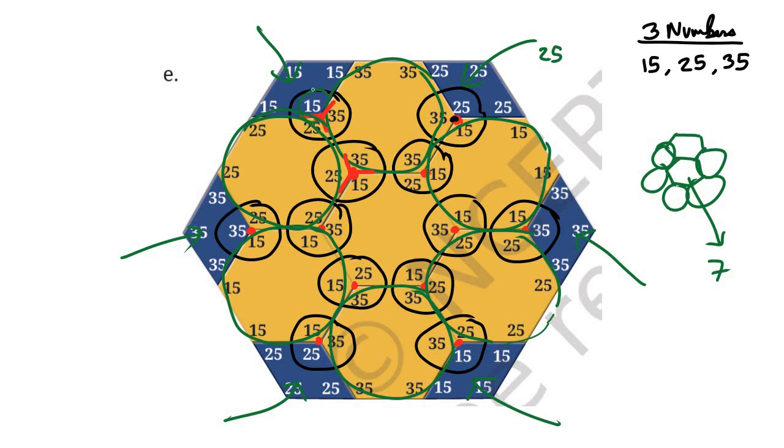Say here it is 15, so all the numbers will be 15. Here it is 35, so all the numbers will be 35. Here it is 25, see this point? So all the numbers will be 25. Here also it is 15, so all the numbers will be 15. Here also it is 35. So this is how the structure looks.